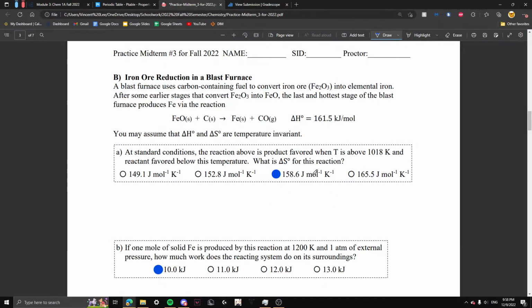So negative delta G means that it's going to be product favored, and a positive delta G tells us that it's going to be reactant favored. So we can tell that at this temperature, delta G is equal to 0. So 0 is equal to delta H minus T, which is 1018, delta S. And now we solve.